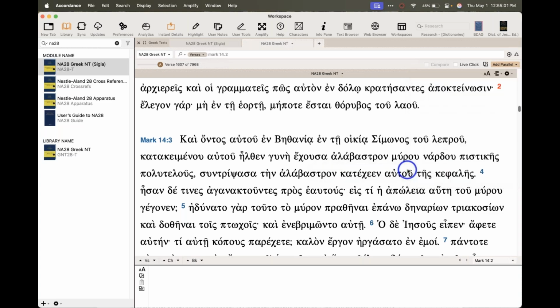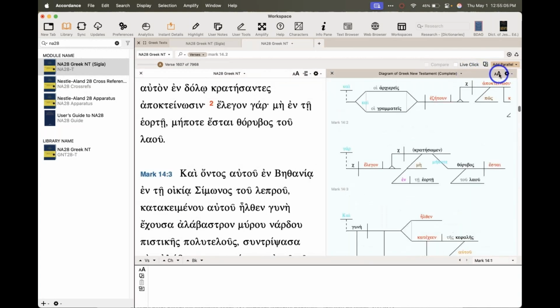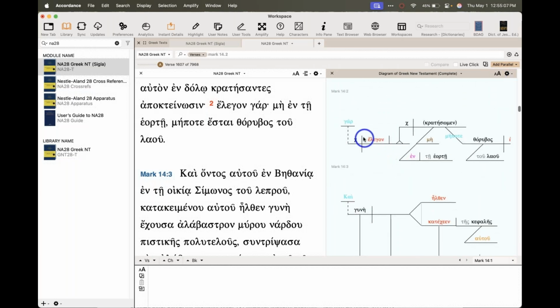You'll see in the diagram, they will put in parentheses what's implied there. For they said, let's not detain him, not during the festival, lest there be an uprising or a riot from the people.